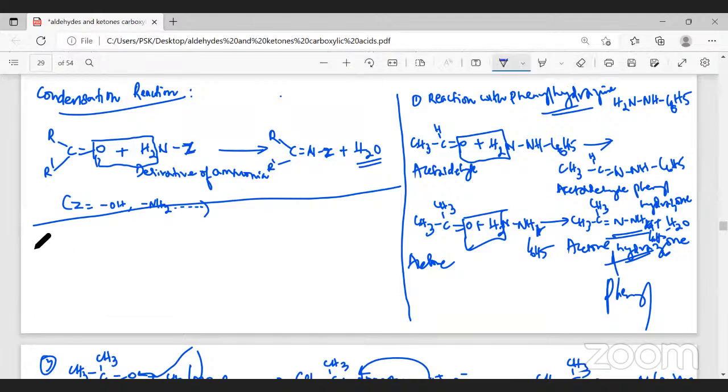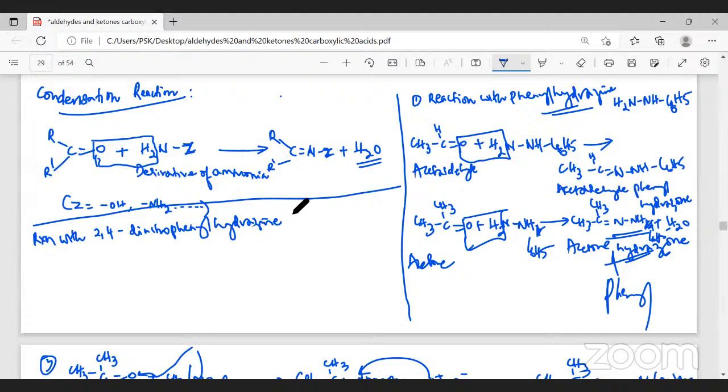The next one is reaction with 2,4-dinitrophenyl hydrazine.